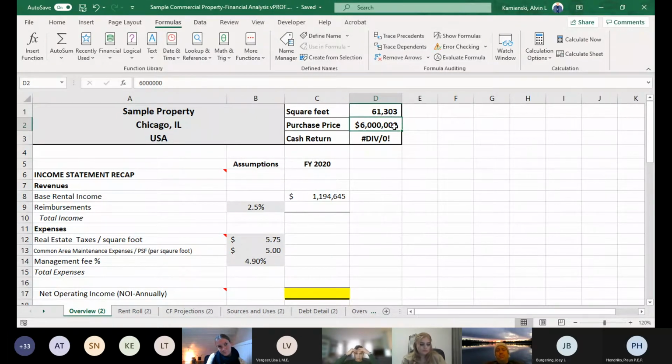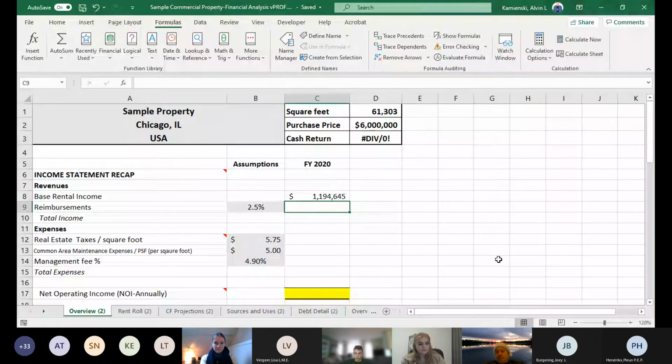When we buy that for $6 million, the basic rents, if we're not able to increase the rent roll, if we're not able to sell out the vacant spaces, and we just conservatively estimate continued current occupancy rates, we should generate about $1.2 million in rental income a year, for which we'll get a 2.5% reimbursement.